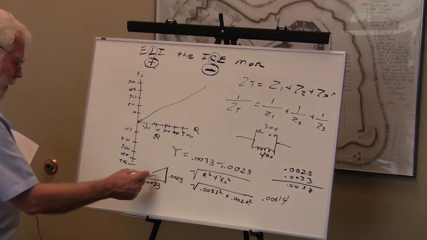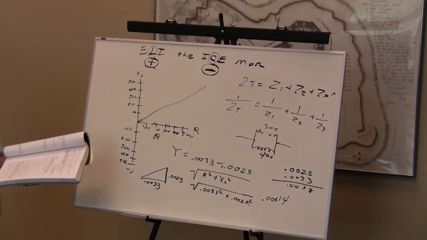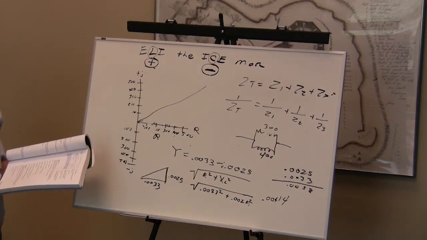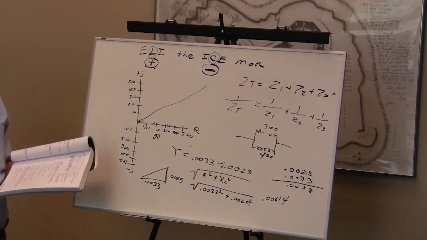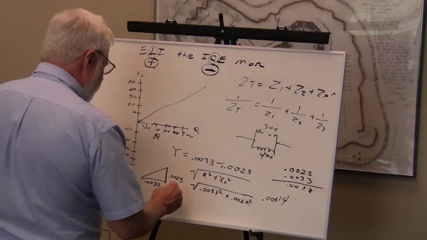We've got the arc tangent of 0.0025 divided by 0.0033. And what do you come up with? It's got to be less than 45, but what is it? You might know what it is. Roughly 37 degrees.